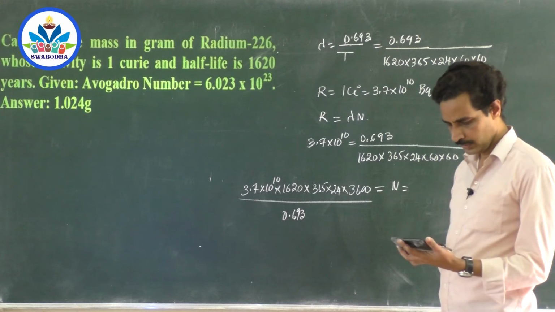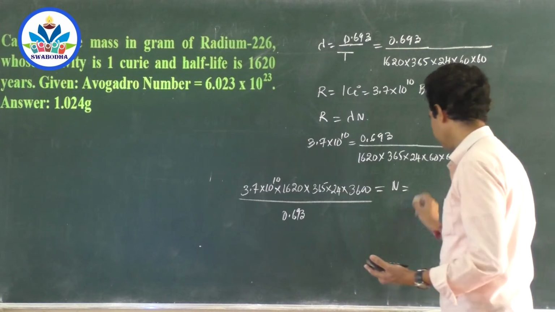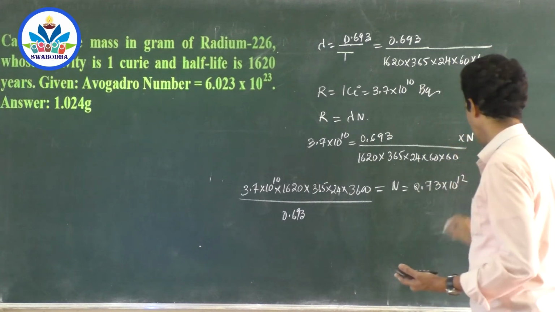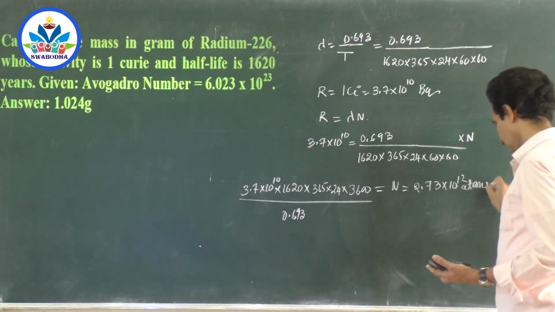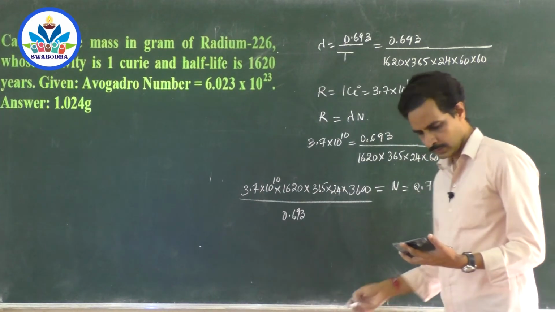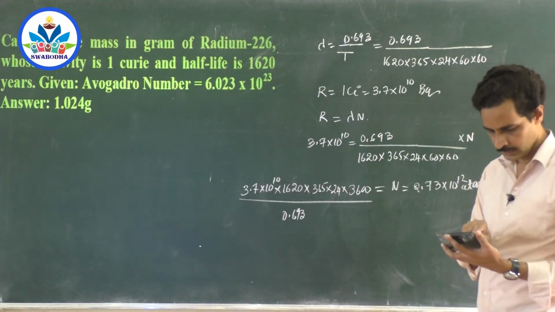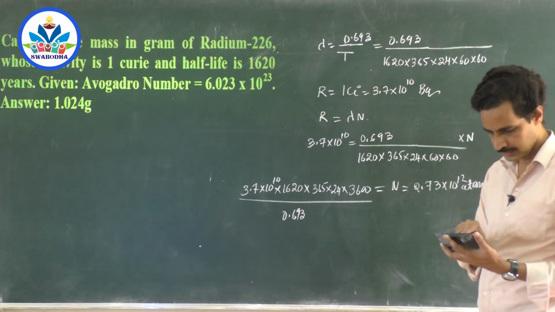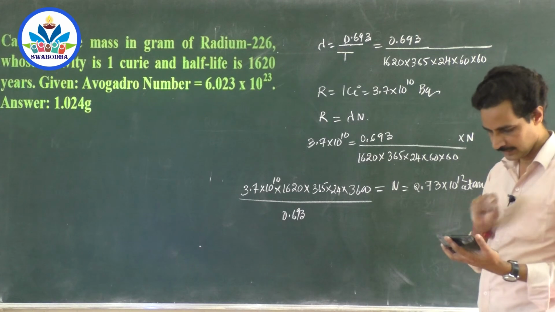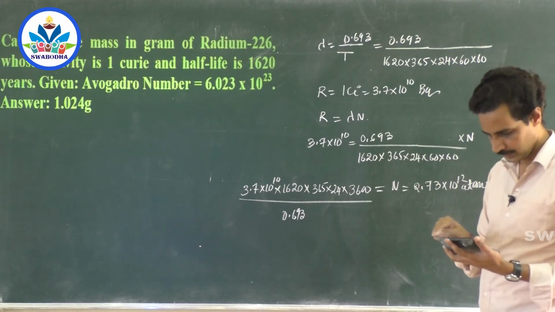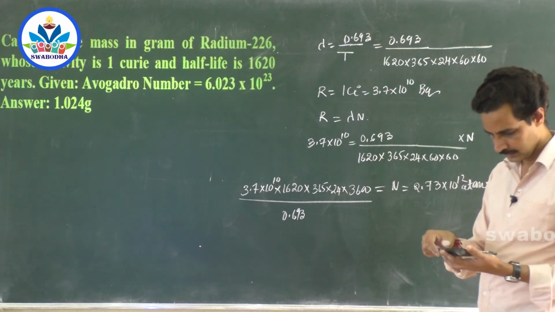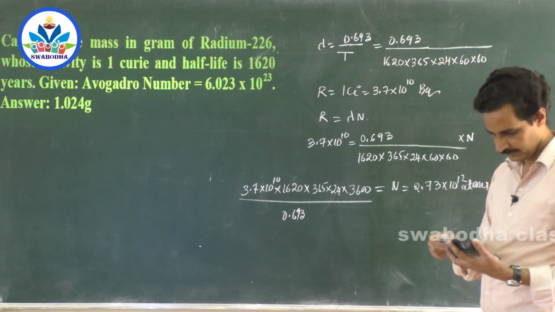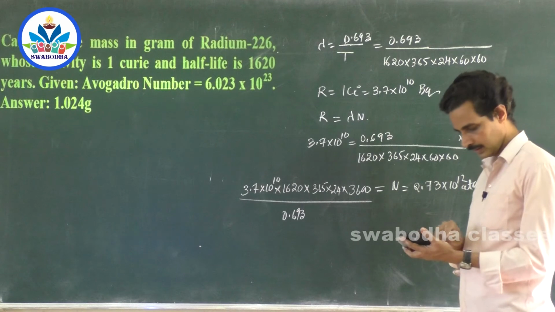So 2.73 into 10 to the power 12 atoms. This is the number of atoms in the sample. Do you have a decimal point after that? I think I have. Or shall I take it as only 3.6?